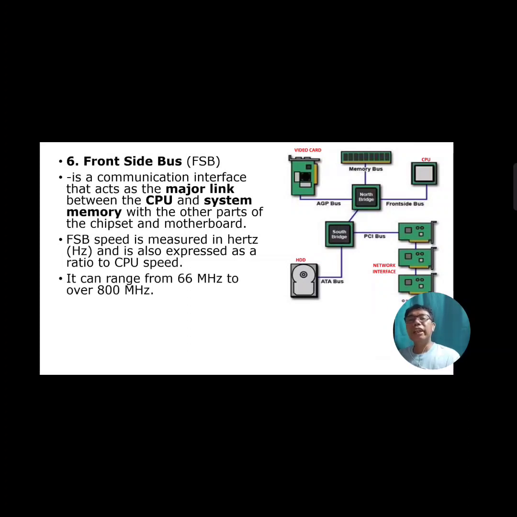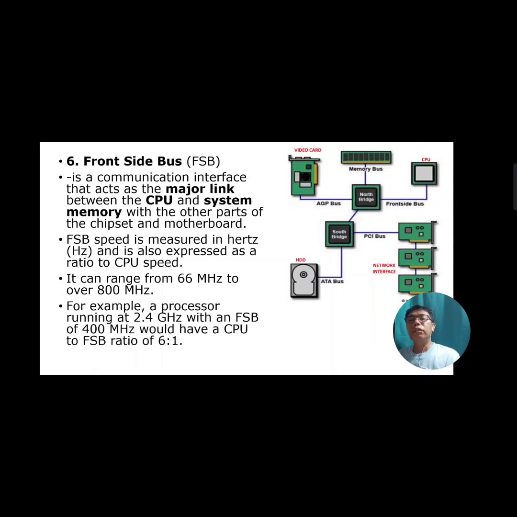Now it can range from 66 megahertz to over 800 megahertz. For example, a processor running at 2.4 gigahertz with an FSB of 400 megahertz would have a CPU to FSB ratio of 6:1.